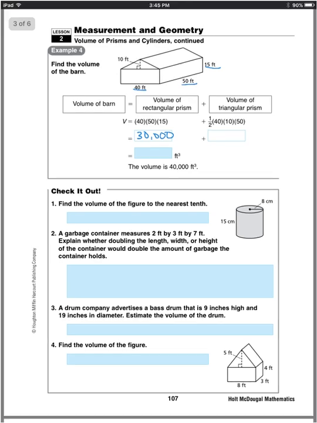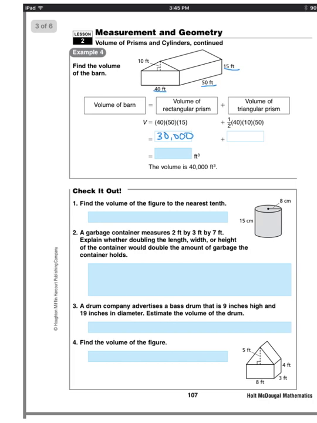One half, if this is 40, this is going to be 40, so the base of the triangle is 40, the height is 10, and we have to take half of it. And then the distance between the 2 triangles is 50. So when we do 40 times 10 times 50 and divide it by 2, we get 10,000.